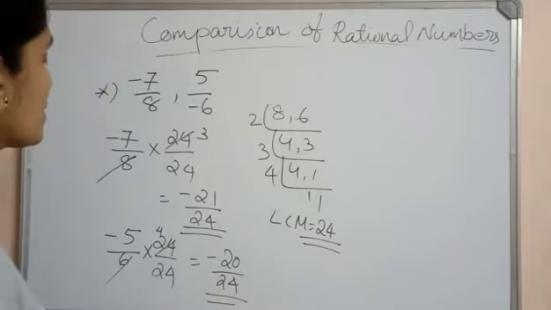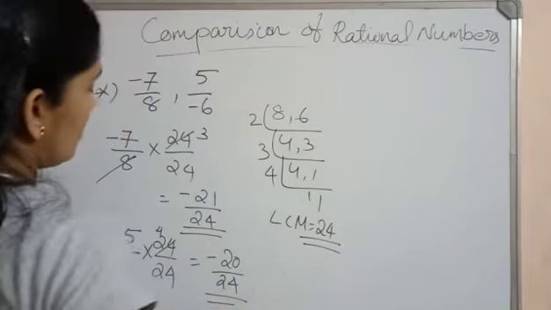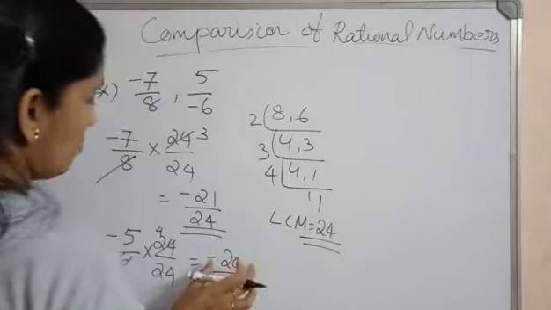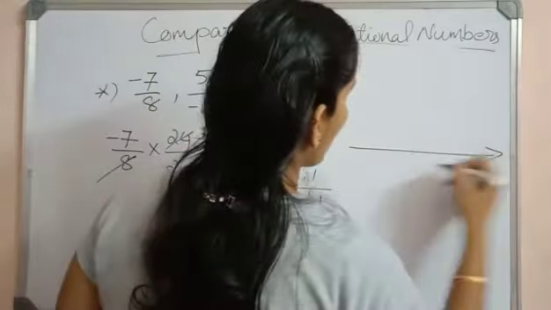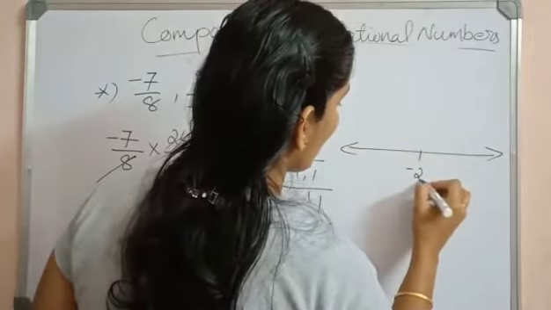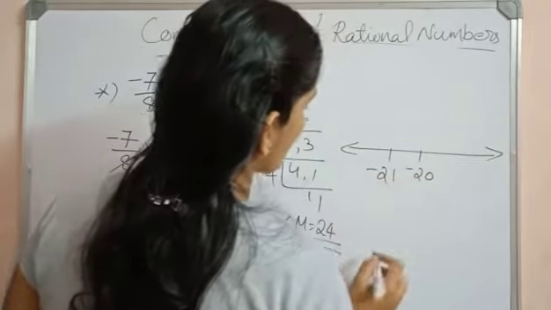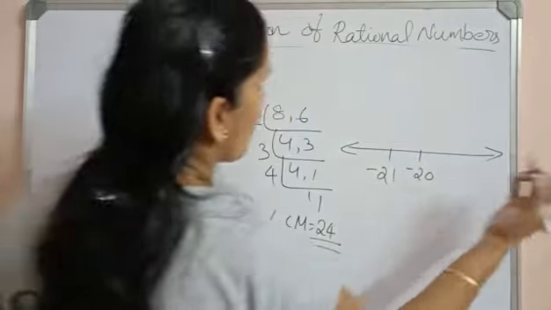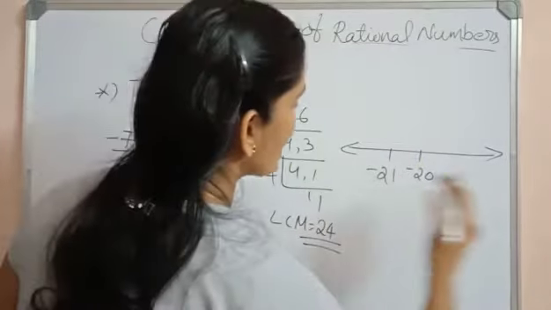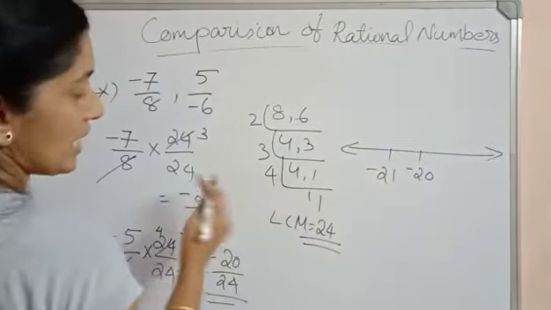So these are the two numbers we are getting here. As we know, minus 20 is greater than minus 21. When you draw the number line, if you write minus 20 here, then the next number will be minus 21. When the numbers go towards the right side, they become greater. After 0, 1, 2, 3, towards the right side it is increasing and towards the left side it is decreasing.